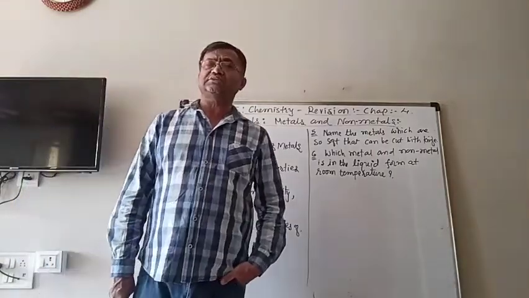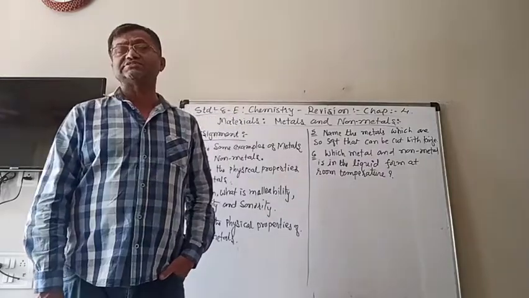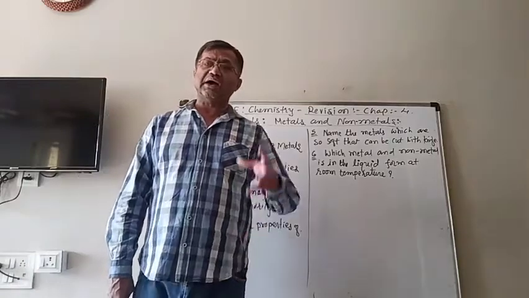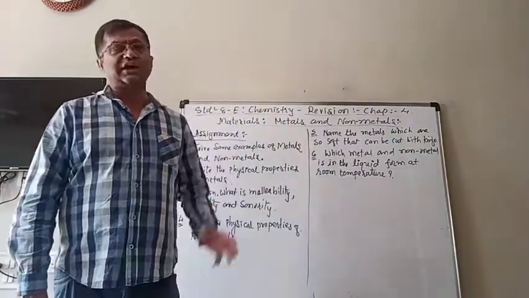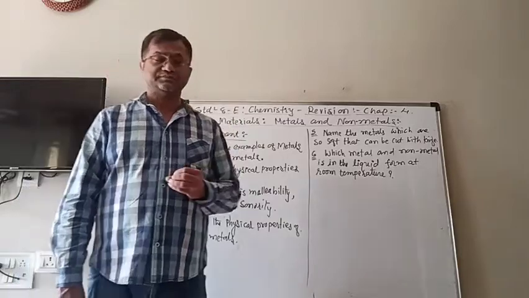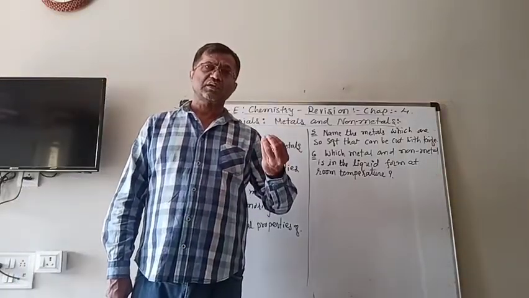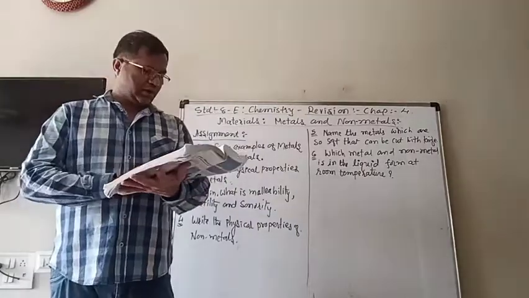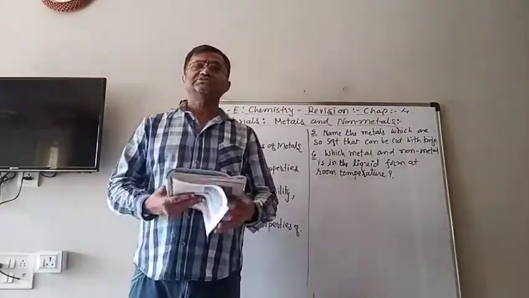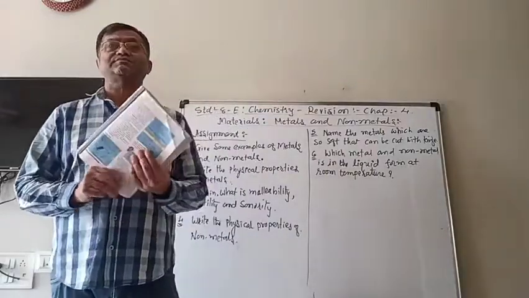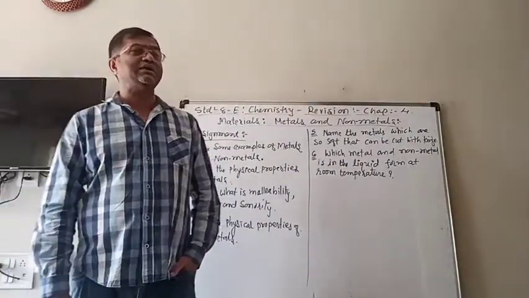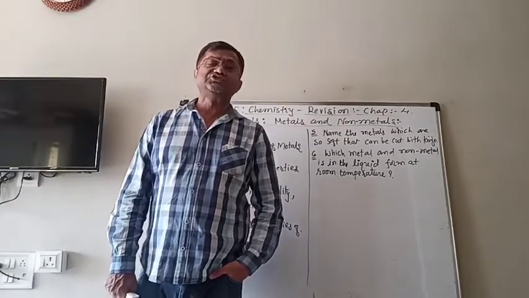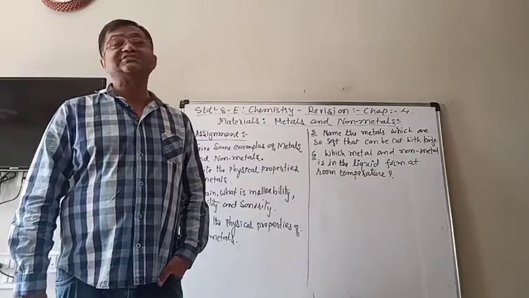The other thing is that most of the metals are hard. So they are not compressible. They are generally very hard. But in some cases, for exception, some of the metals are very soft that they can be cut using a knife. Sodium and potassium are such metals.